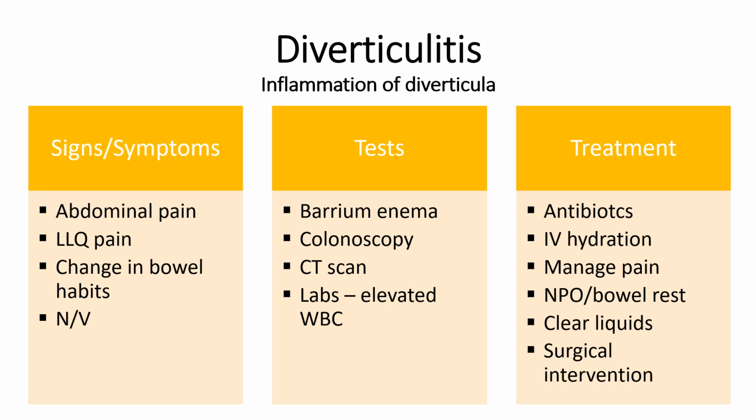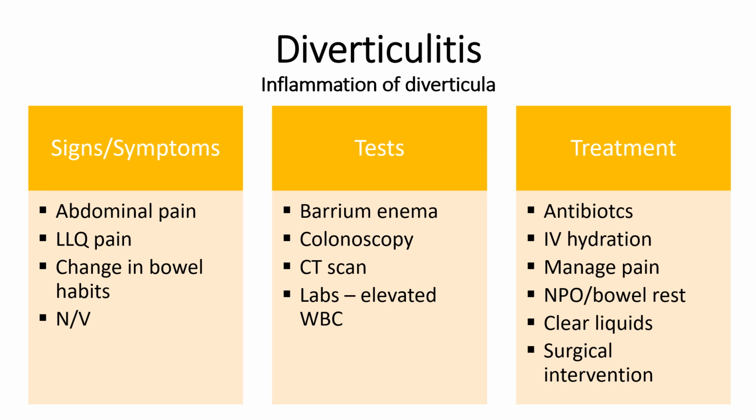So common signs and symptoms of diverticulitis are a change of bowel habits, abdominal pain, which can be felt anywhere but is typically left lower quadrant, rectal bleeding, fever, nausea, and vomiting. Common tests done to evaluate for diverticulitis are barium enema, colonoscopy, CAT scan, and a CBC, which is looking at the white blood cells.